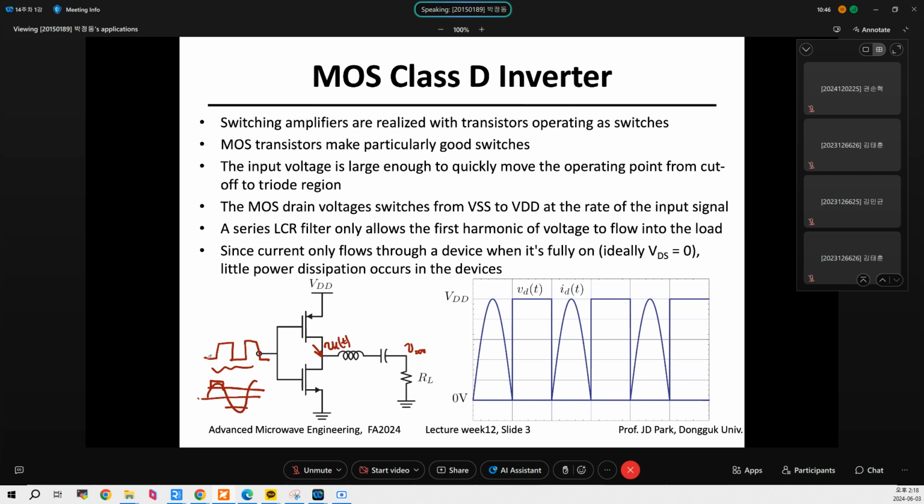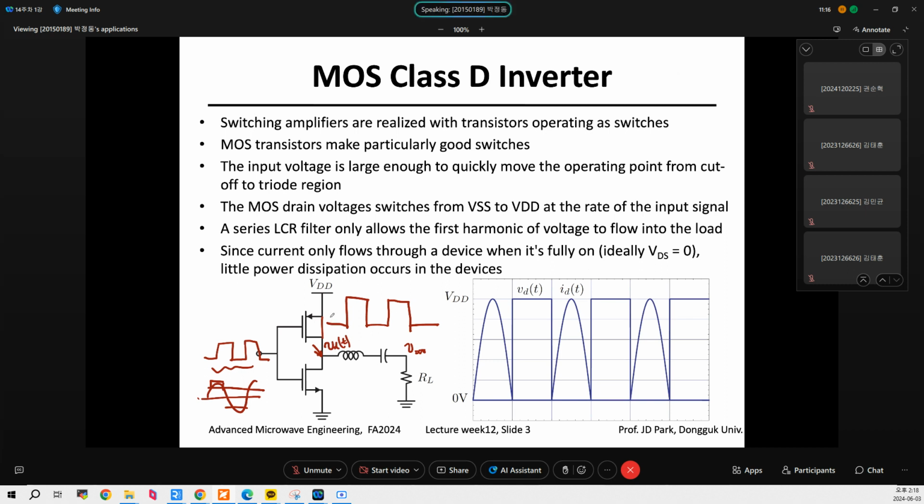So it's something like this, effectively. So the output is exactly switching on and off. So when this is switching on, then it is high, and when this is switched off, then it is low. So the magnitude at this point, which is the drain voltage, is exactly a rectangle.